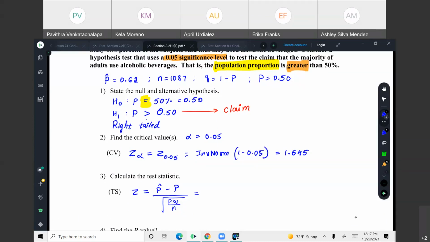Can I have the TI-83 calculator if you have any? 83 or 84?